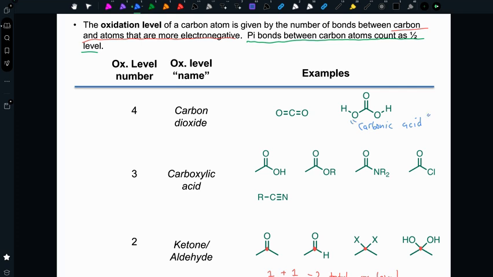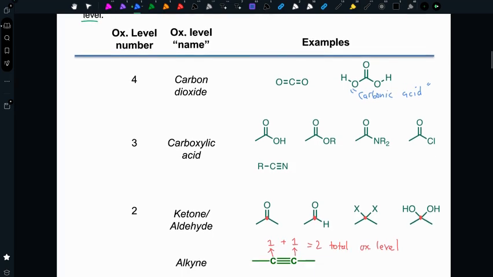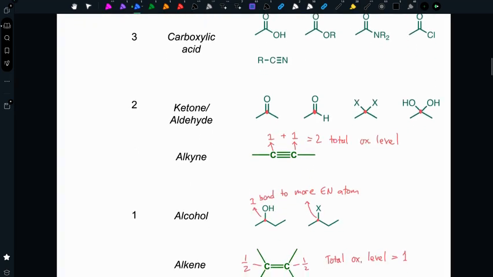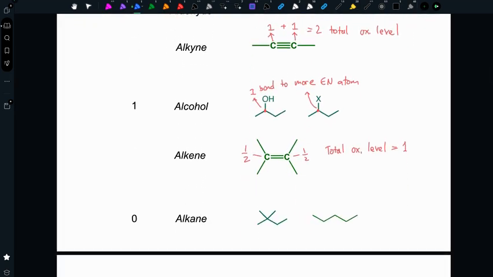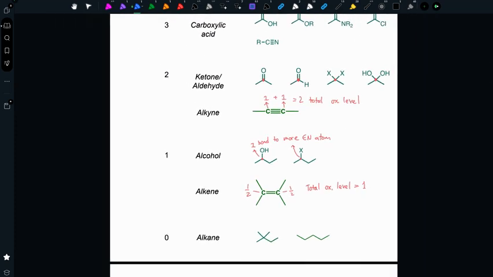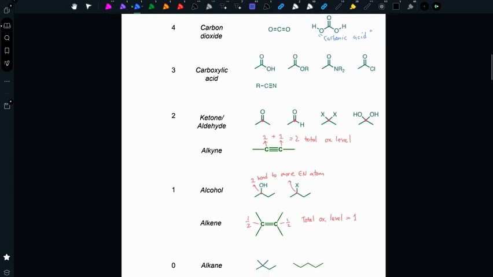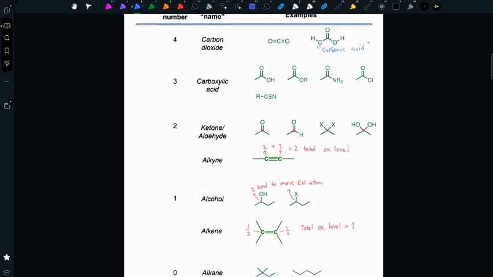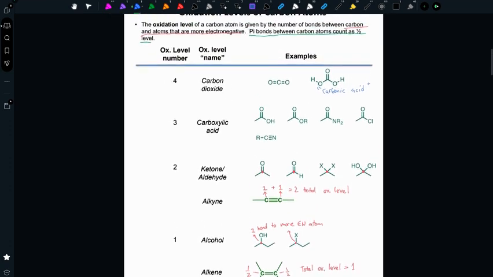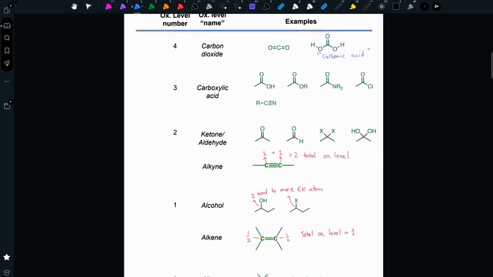And derivatives of that are often called carbonates. So those are our main oxidation levels. What we're going to do is track in reactions when an atom moves up in oxidation level or moves down in oxidation level.